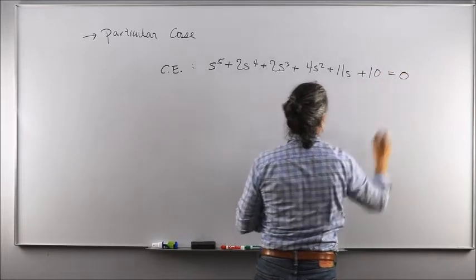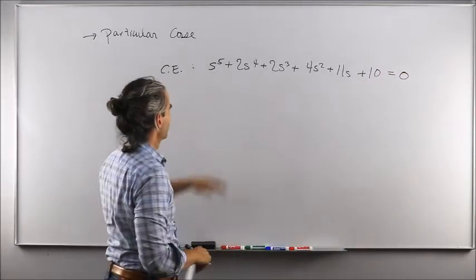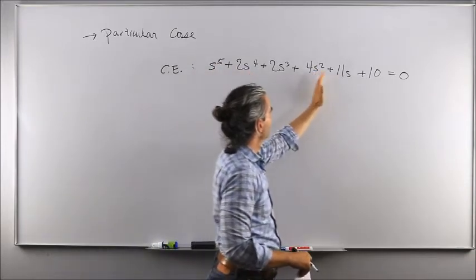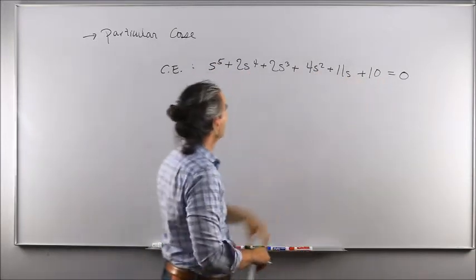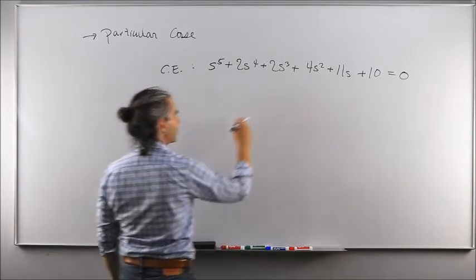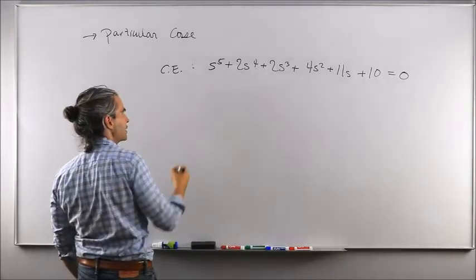You set that equal to 0. First thing you look at is whether you're missing any s terms. So 5, 4, 3, 2, 1, 0. We're good. And the coefficients are all positive, so I cannot draw any conclusions yet. So I need to continue with the analysis.